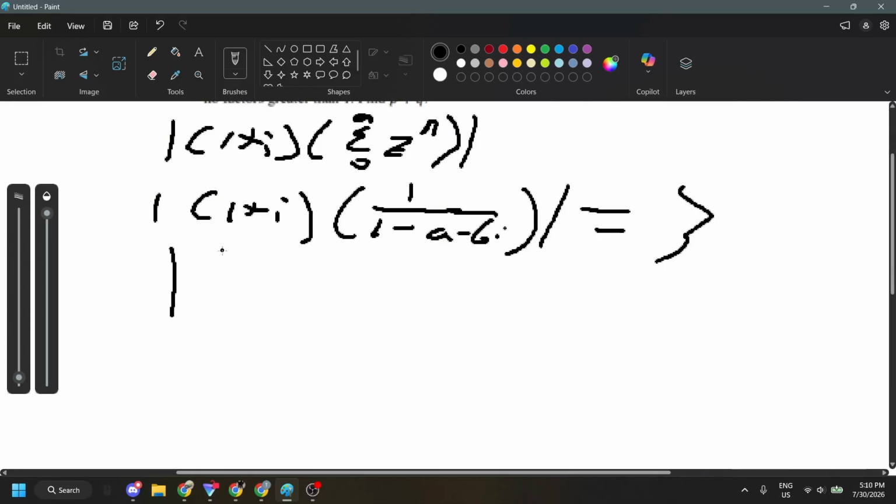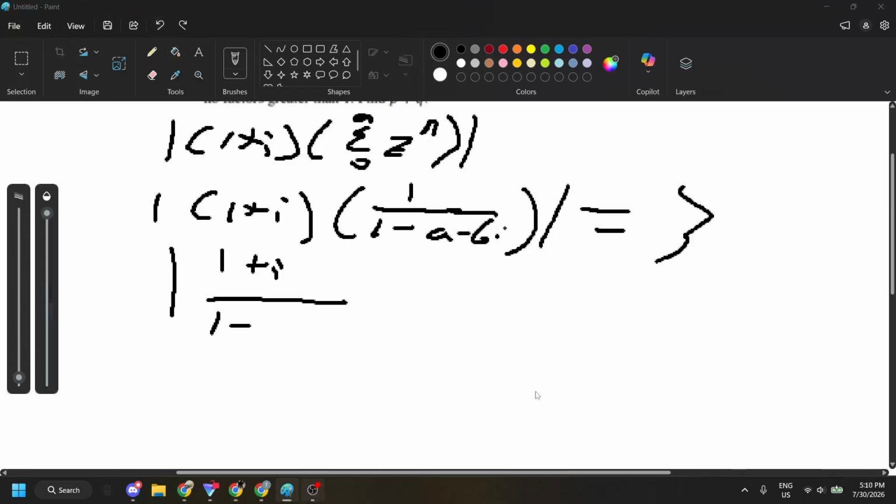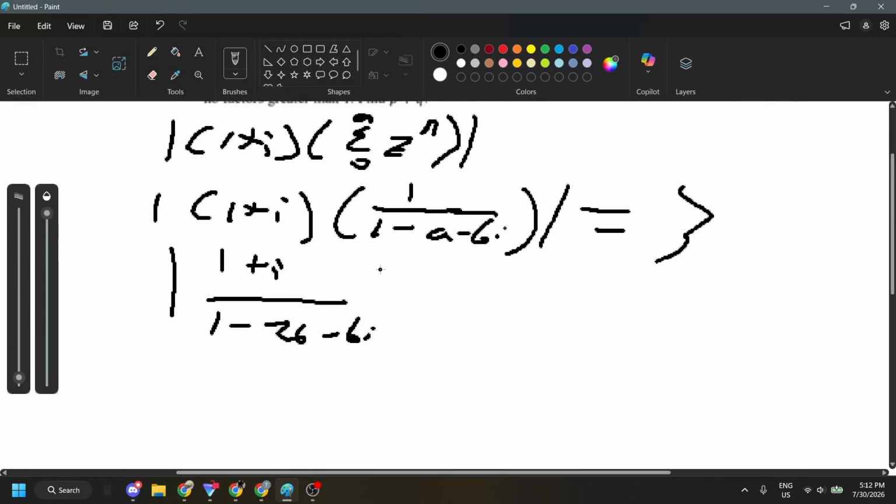So we have the absolute value of 1 plus i over 1 minus a minus bi, and then this is 1 minus 2b minus bi, is equal to 3.